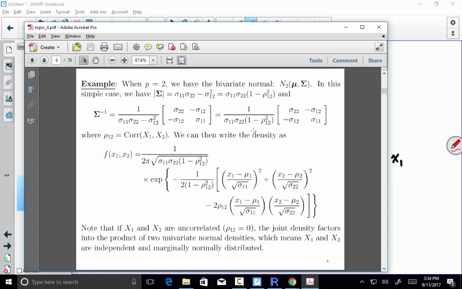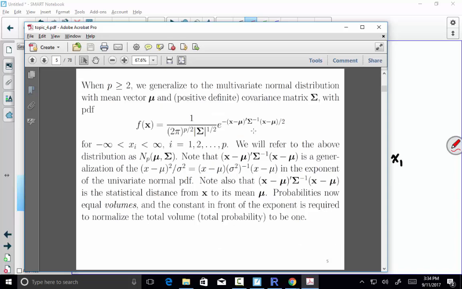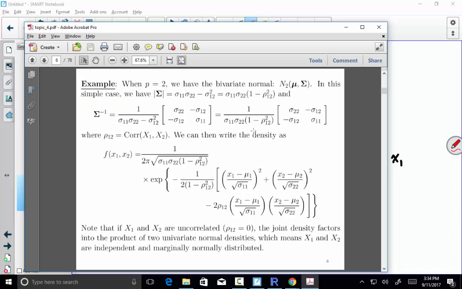Here is a worked out example in the bivariate normal case. It's good to do this once in your life to think through the gory details of what that matrix expression translates to in terms of univariate statistics.